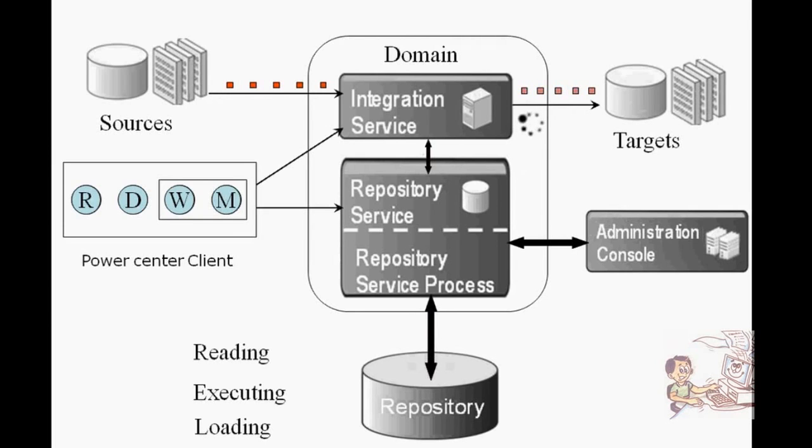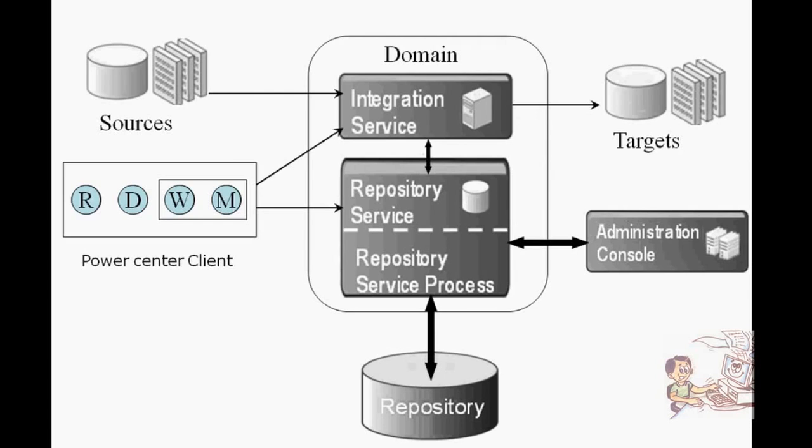The integration service has its own reader threads and loader threads. Based on that, it reads the data and loads the data into the targets. In real time we work with millions of records.